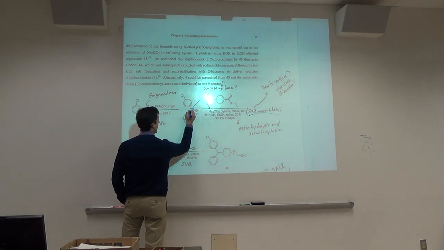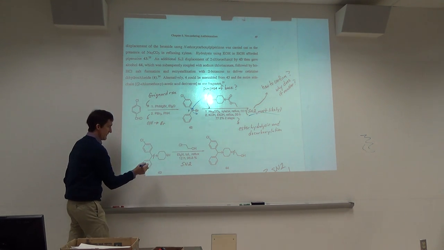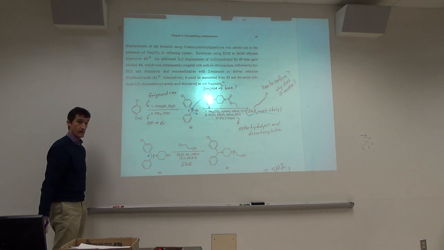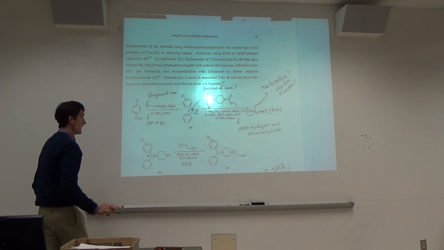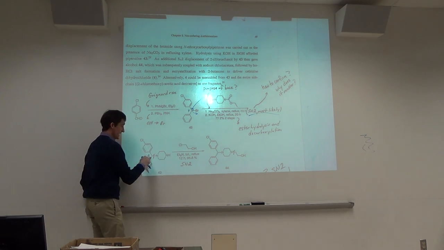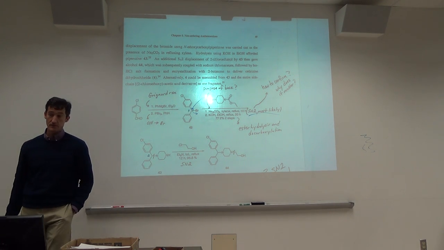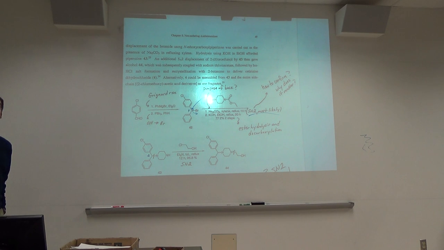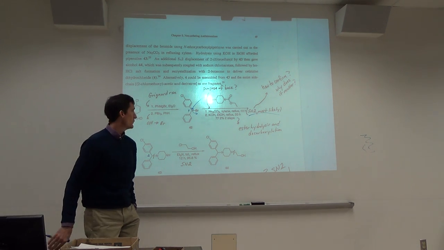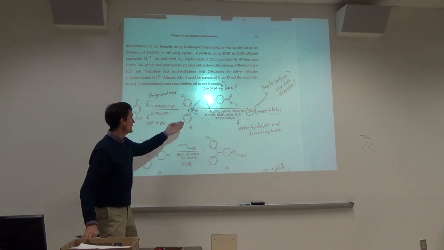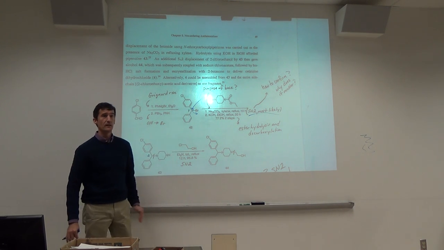But if this was R, and then this was S, we would know it was SN2. But if this was R and this became racemic, we would know it was SN1. What's another way we think it's probably SN2? We really can't tell from stereochemistry because there's no stereochemistry shown or given.